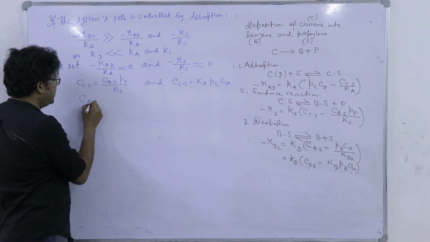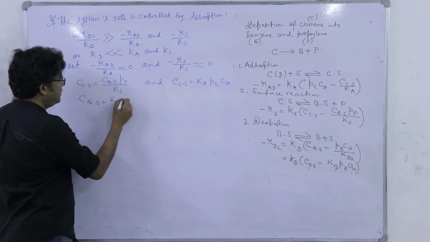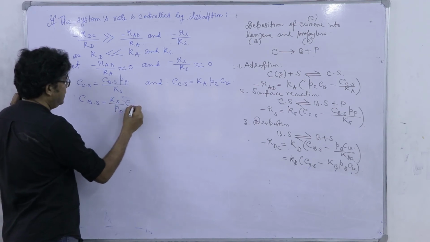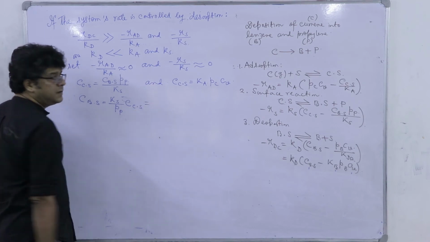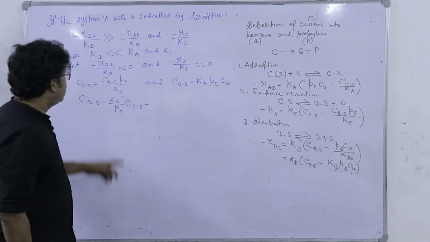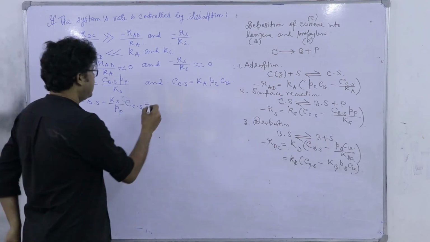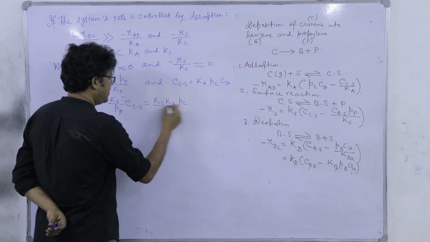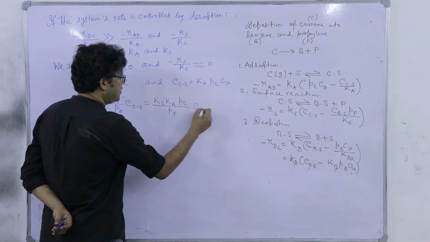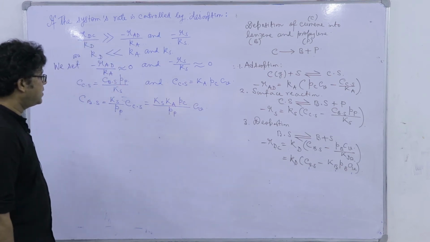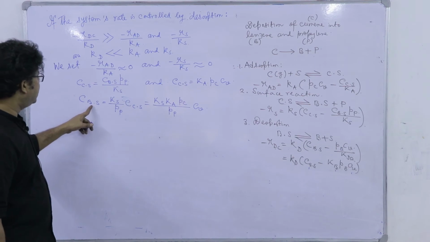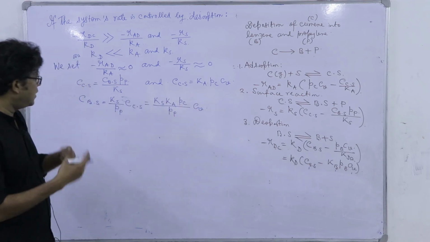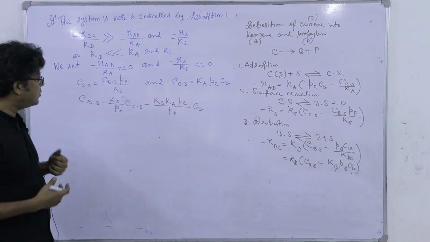So, Cb·S we can write as Ks by Pp into C·S. So, if we replace C·S, it will be Ks Ka Pc by Pp into Cv, right. So we have got the Cb·S expressed as a function of Cv only, and C·S as a function of Cv. That is the only unknown, because Pc and Pp are measurable terms.